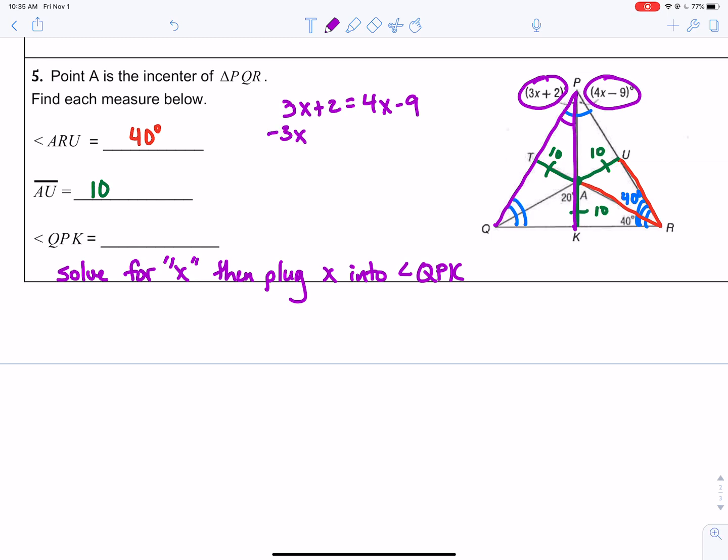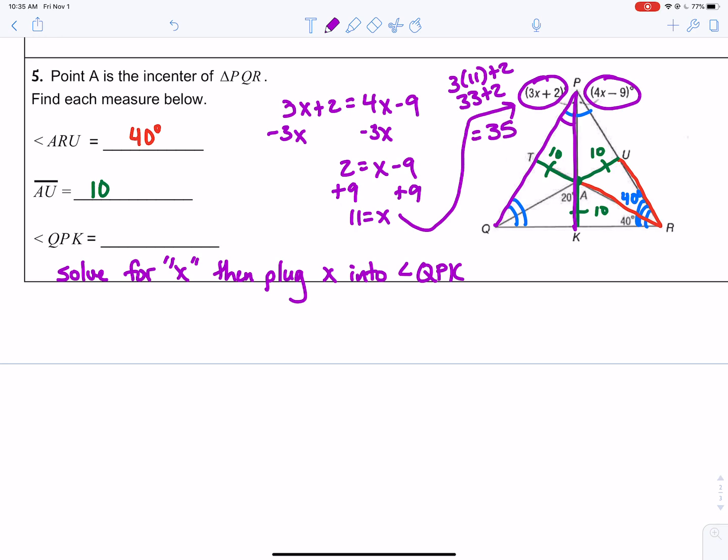We could subtract 3x from both sides, so we get 2 is equal to x minus 9. And we could add 9, so we get x equals 11, but they want the angle. So we just have to plug it back in and say 3 times 11 plus 2. So that's 33 plus 2 would equal 35 degrees.